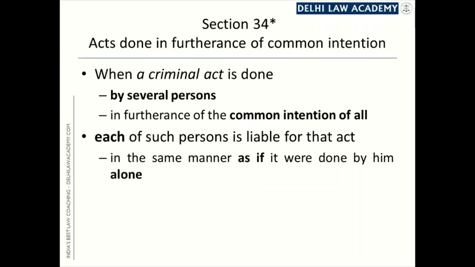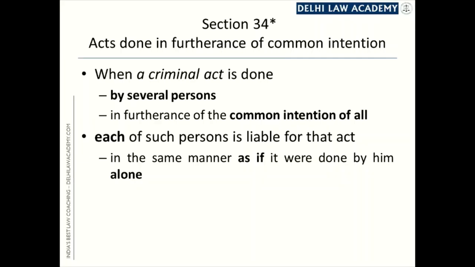Let us take an illustration to understand this concept. A person X is beaten to death by three persons A, B, C. Person A hit this person on the legs, person B hit him on the hands, and person C hit this person X on the head.